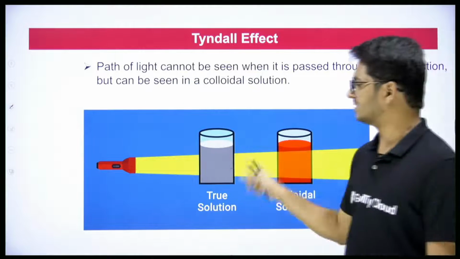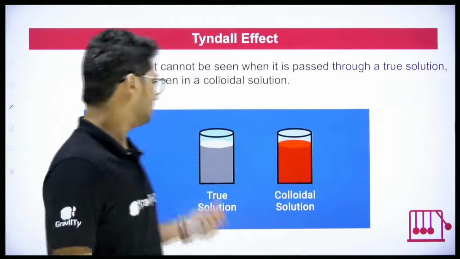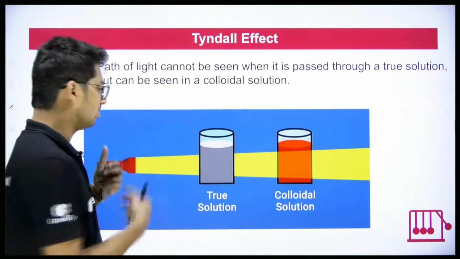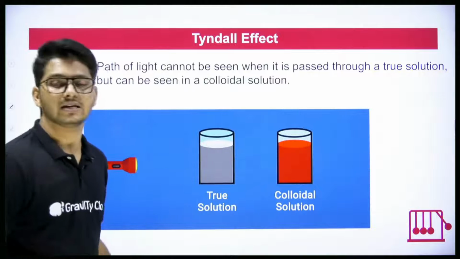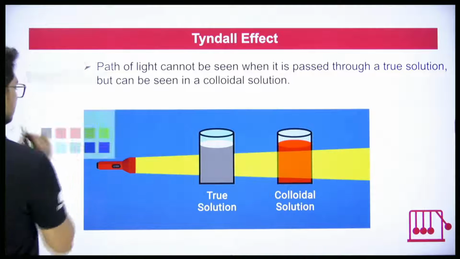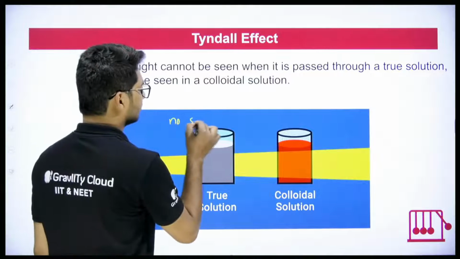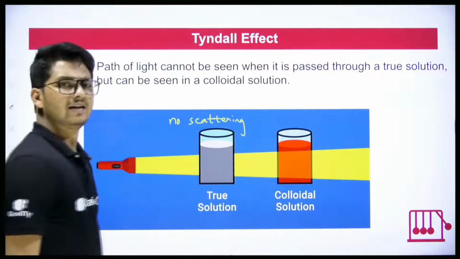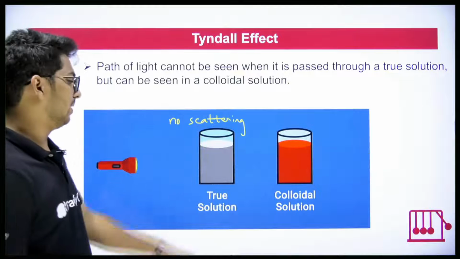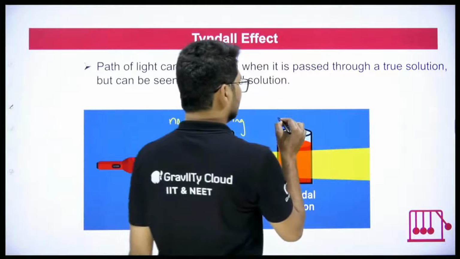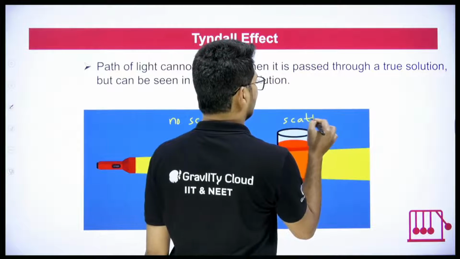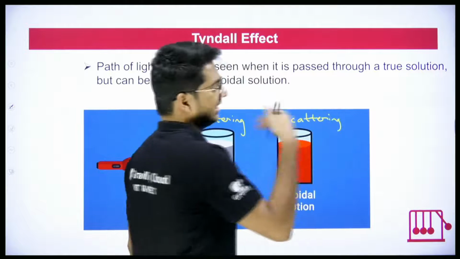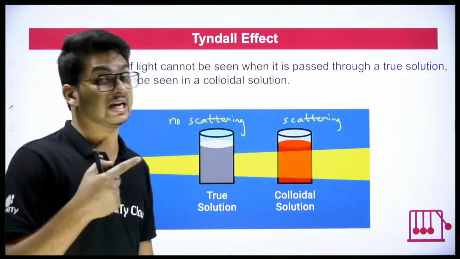So here when light passes through this, we cannot see the path of light because it is not being scattered. No scattering in this case. If there is no scattering, you can't see it. But here there is scattering. So if light is scattered, scattered light will come to us and we can see it.